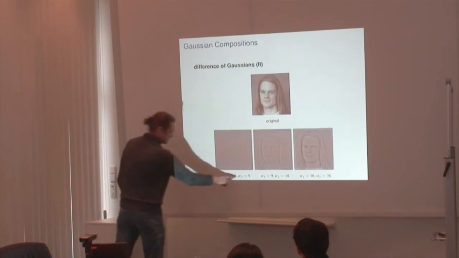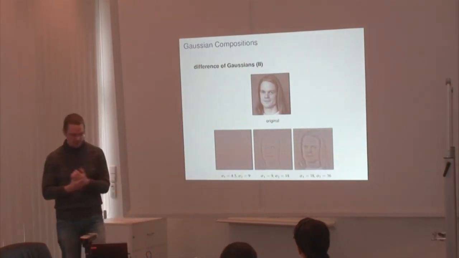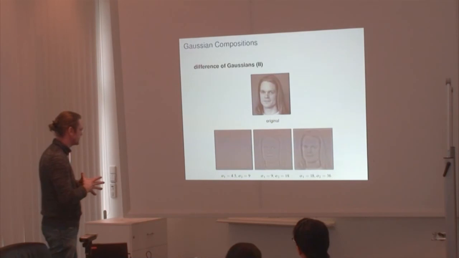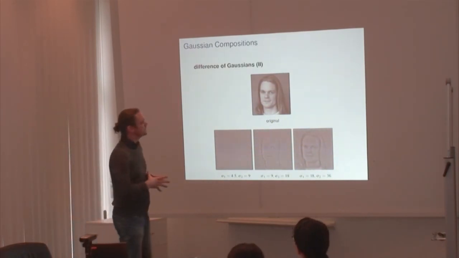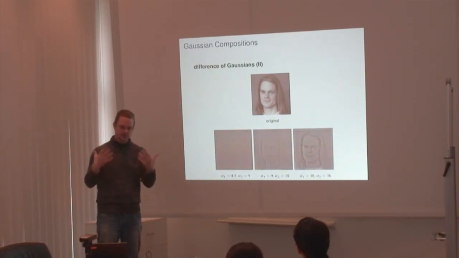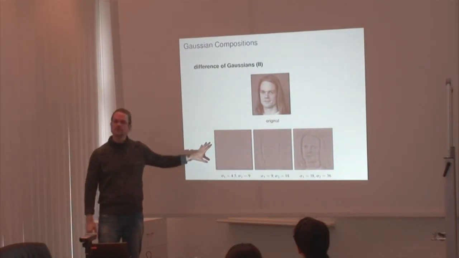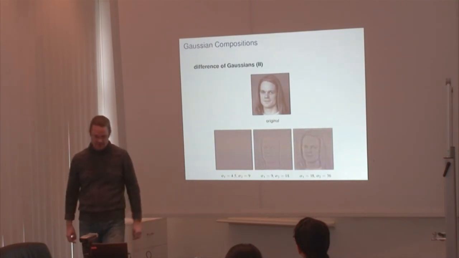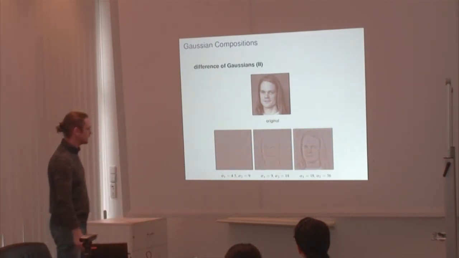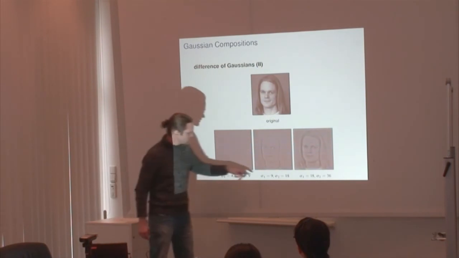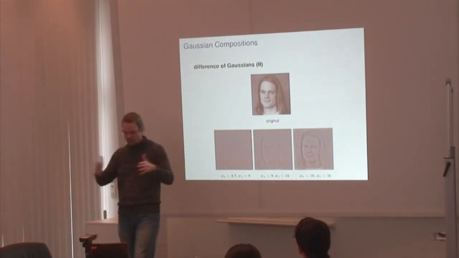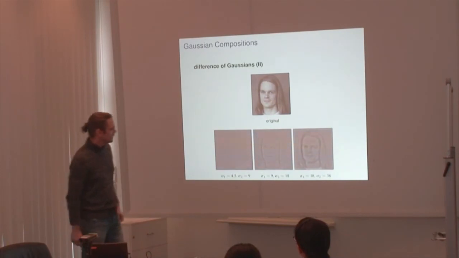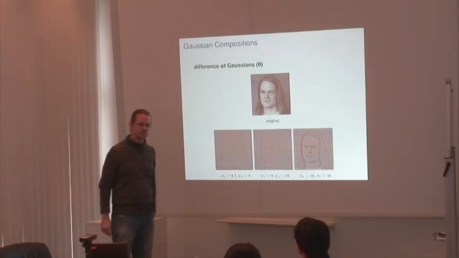So here I have subtracted a Gaussian with a variance parameter of 9 from a Gaussian with a variance parameter of 4.5, and I used the resulting function to convolve the original image, and this is what we get. It detects what? Edges. It detects edges.